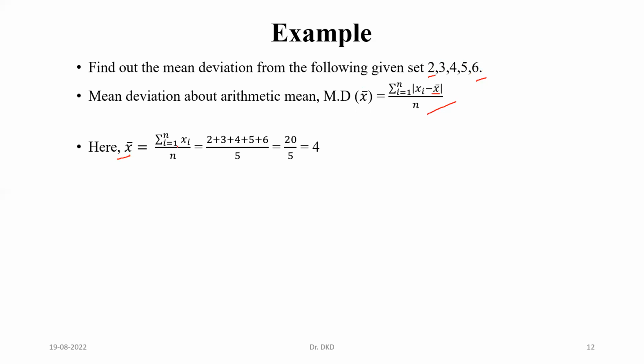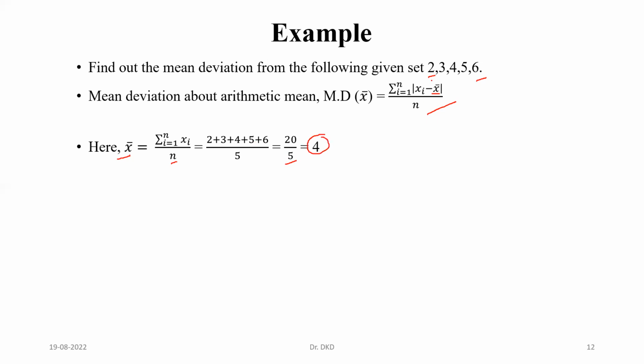So the mean equals the summation of xi divided by n, which is 2 plus 3 plus 4 plus 5 plus 6. We add all the values: 2 plus 3 is 5, plus 4 is 9, plus 5 is 14, plus 6 is 20, divided by 5, so x bar equals 4.